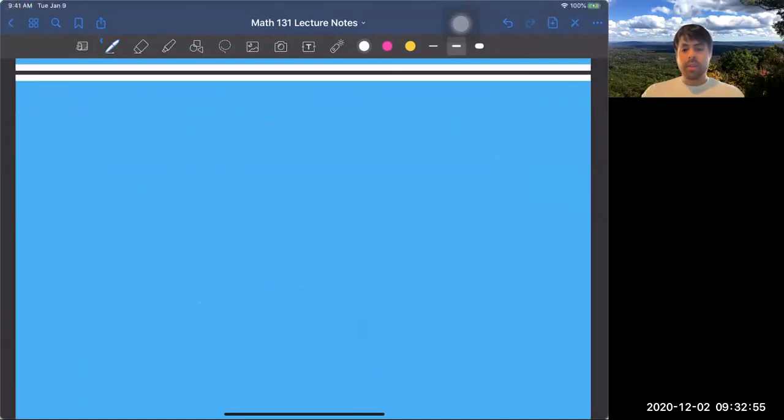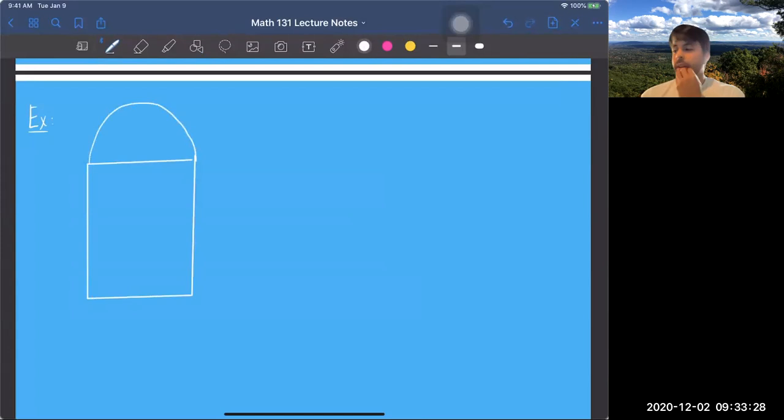So let's see if we can do another one of these. More maximization. Let's say I want to design a Norman window. You've probably seen this before. It's a rectangular window with a semicircle on top.